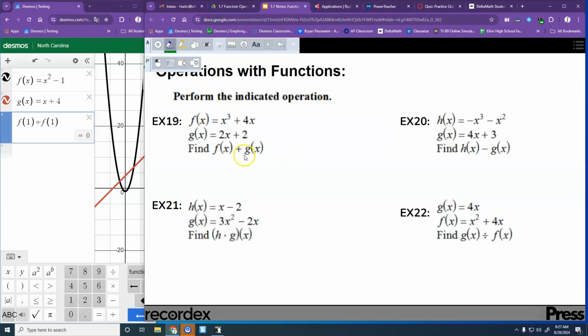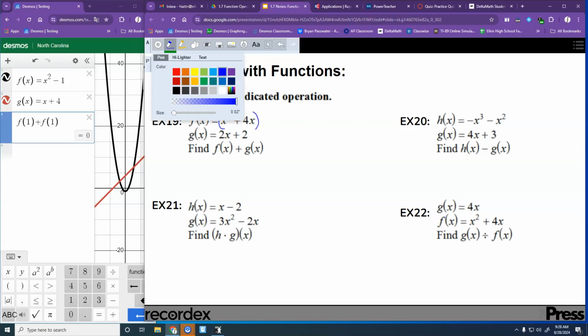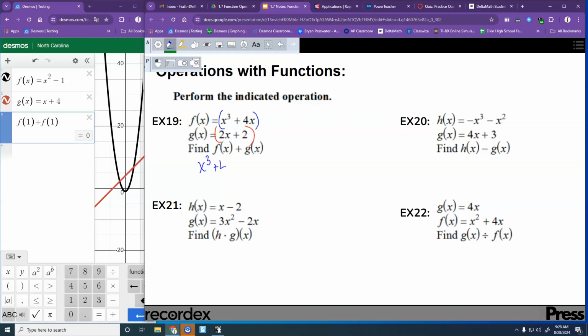All right, now this time they're asking us to perform the operation, but we are not plugging in numbers this time, right? Because we're not doing something like f of 1 plus g of 7. Both of them still have x's there. So whenever we have f of x plus g of x, that means we're taking this equation and adding this equation. That is going to look like this: x cubed plus 4x plus 2x plus 2.